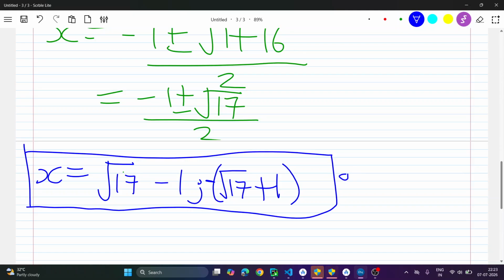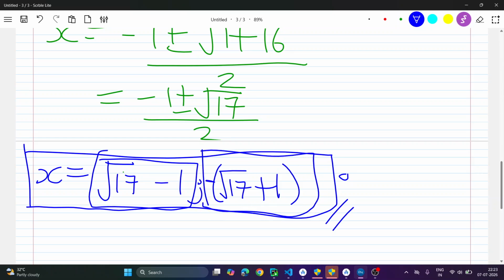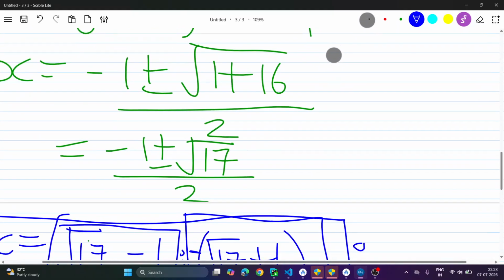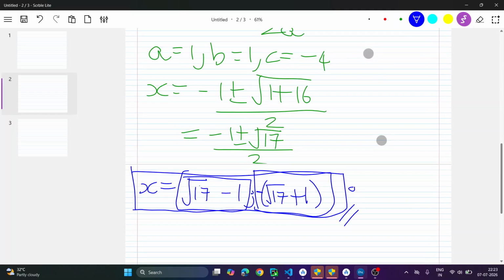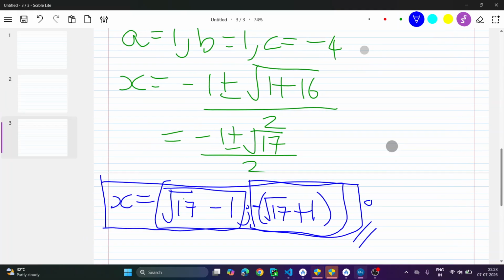So it means that these two are the roots of the equation. That is, if you plug either value into the equation, the final result will be 0. Okay? So that is the entire idea.